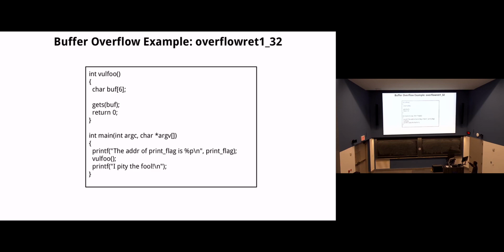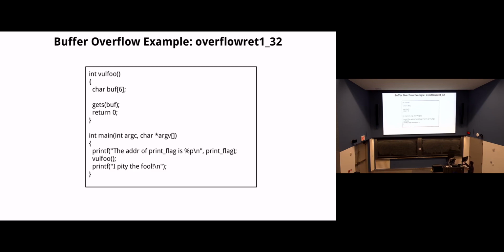The vulnerable function has a local variable buffer, 6 bytes at the C level, not necessarily 6 bytes at the binary level. That's why we need to look at the disassembly to really figure out how much space the compiler reserved. The C developer asks for 6 bytes, but the compiler may reserve more than 6 bytes. Then it calls the C library function gets, and after that, just returns.